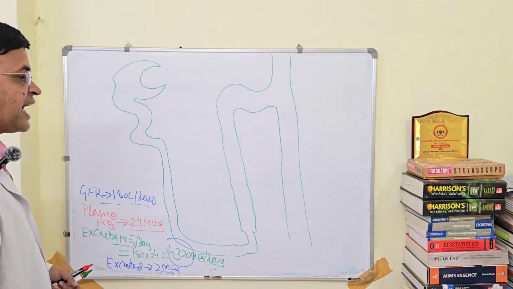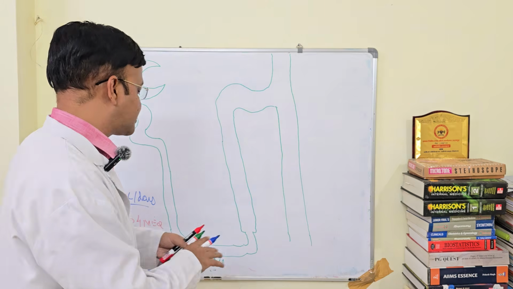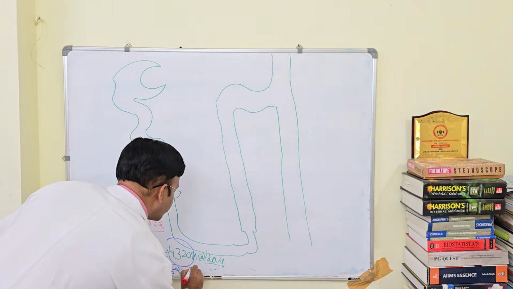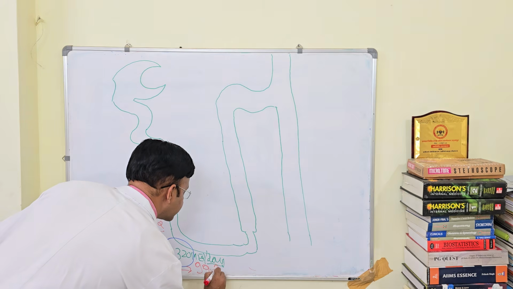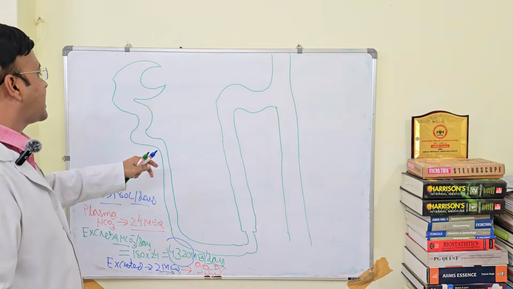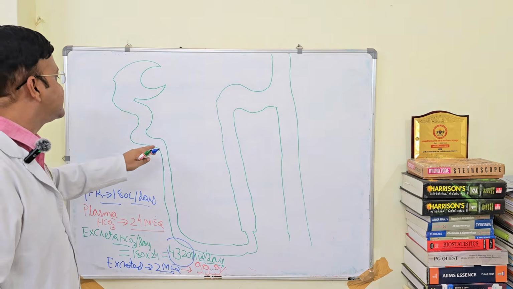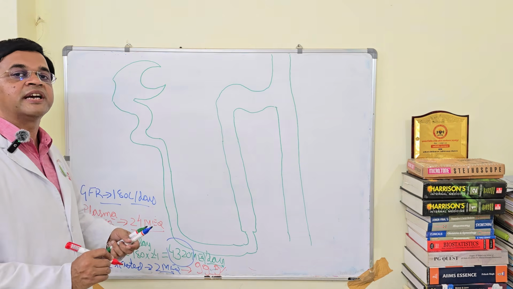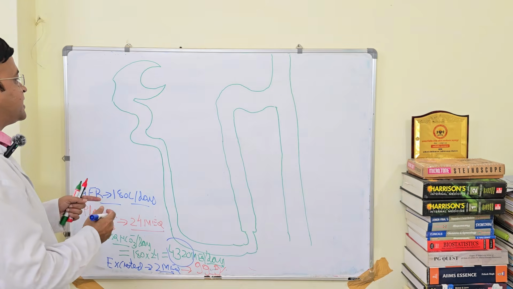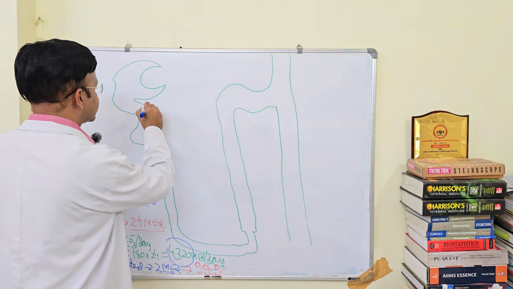That 99.9% of bicarbonate is reabsorbed. And what is the major site of reabsorption of bicarbonate in our nephron? It is our PCT. PCT is the major site for reabsorption of bicarbonate. Now, how exactly does the PCT reabsorb bicarbonate? The mechanism we will see.